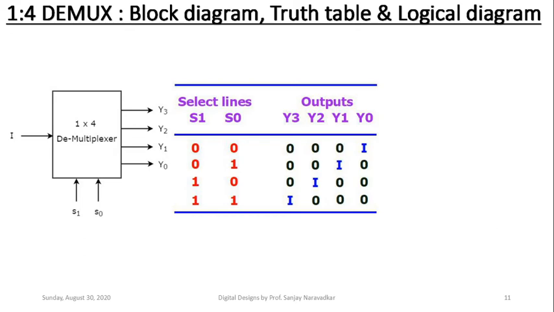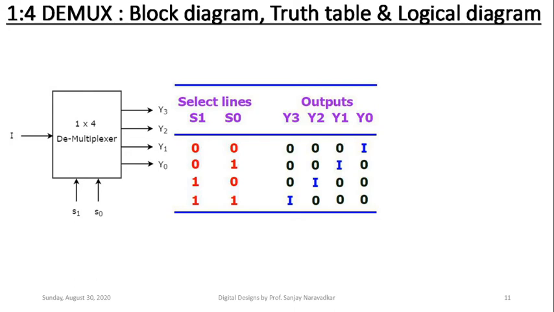Second entry, when select lines S1, S0 are 0, 1, in that case only Y1 is the line to which my input is steered, input is connected. So Y1 is equal to I. Remaining outputs will all be 0, which you can clearly observe in this truth table on the right side.